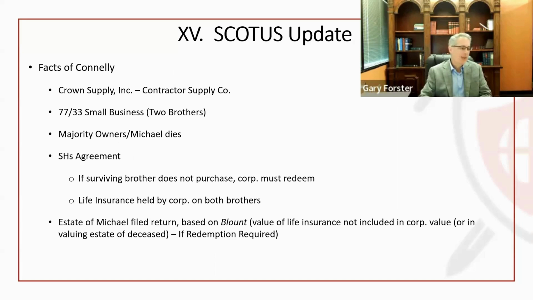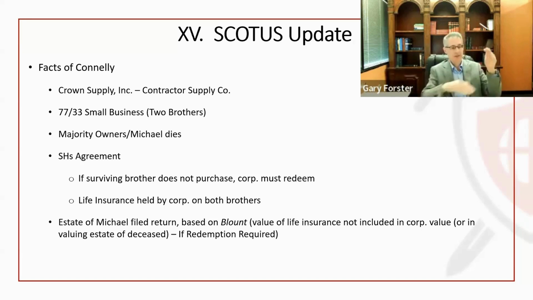So in this case, you had Crown Supply. It was owned by two brothers. The 77% owner died. Life insurance came in. In this case, the other brother, the survivor, had the right to purchase. If the survivor didn't, then the life insurance that came into the company must be used to buy out the deceased brother, right?